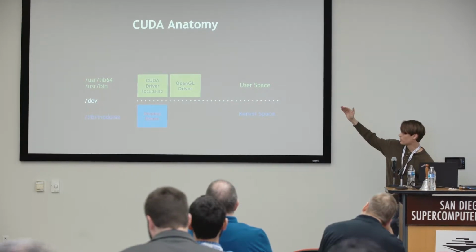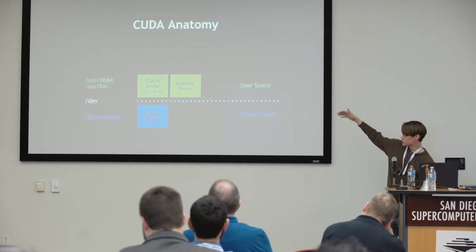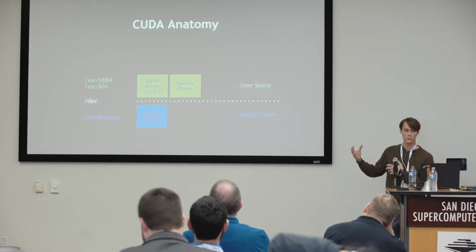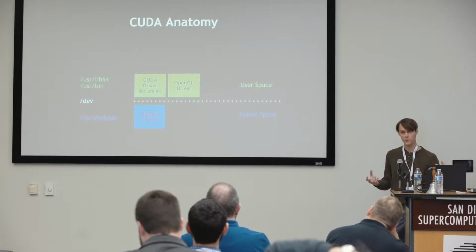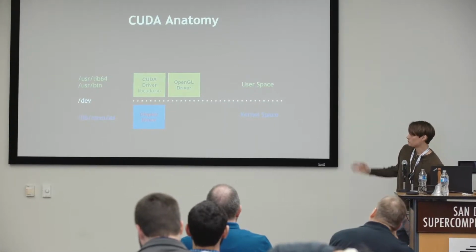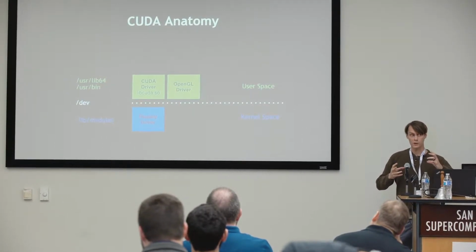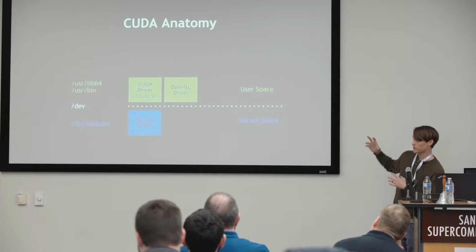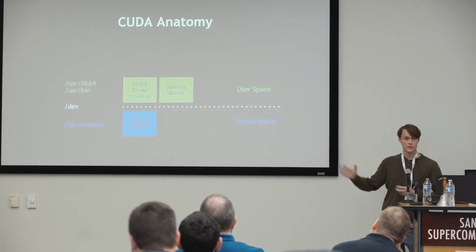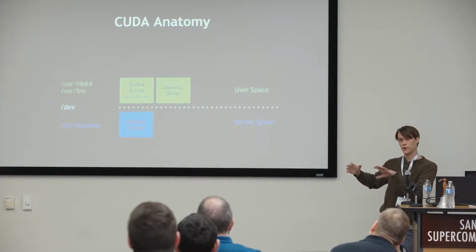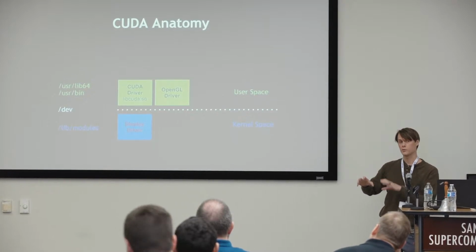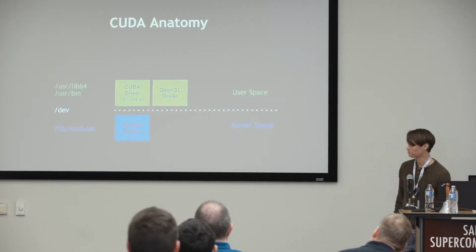For example, libcuda.so, libgl.so, as well as some driver binaries like NVIDIA SMI, if you're familiar with it, form the user space driver component. So in total, when we say the CUDA driver, it's actually two components. There's a kernel space component and a user space component.